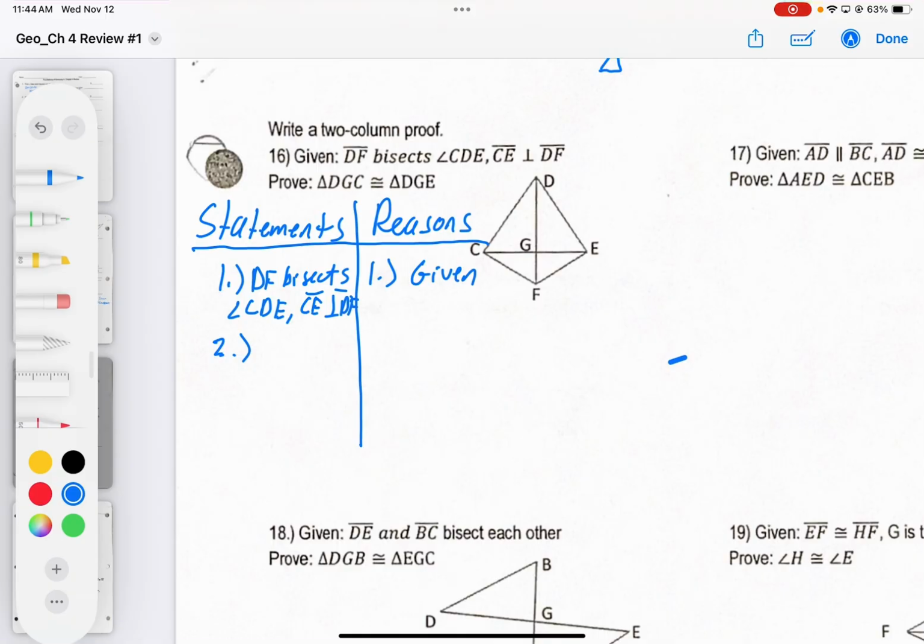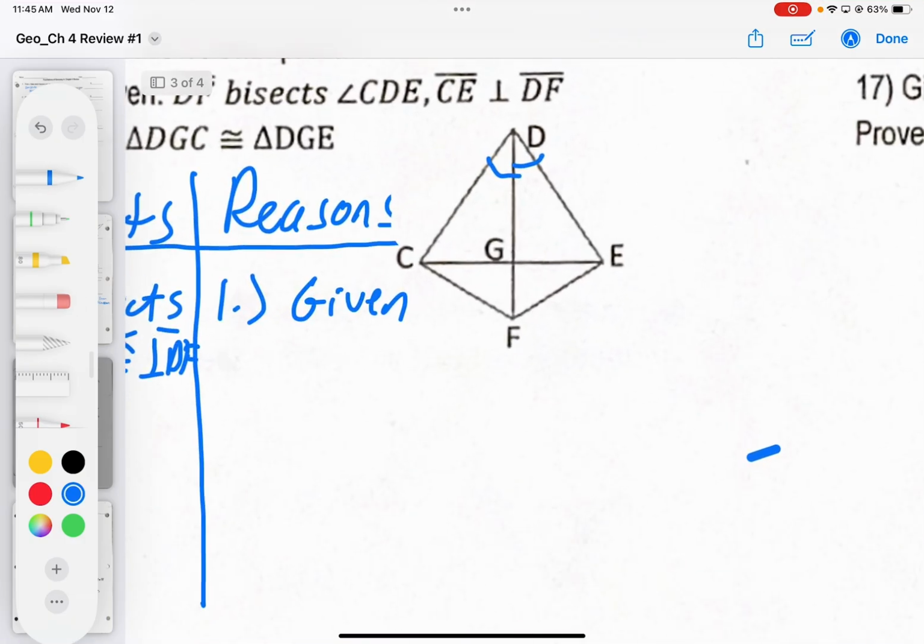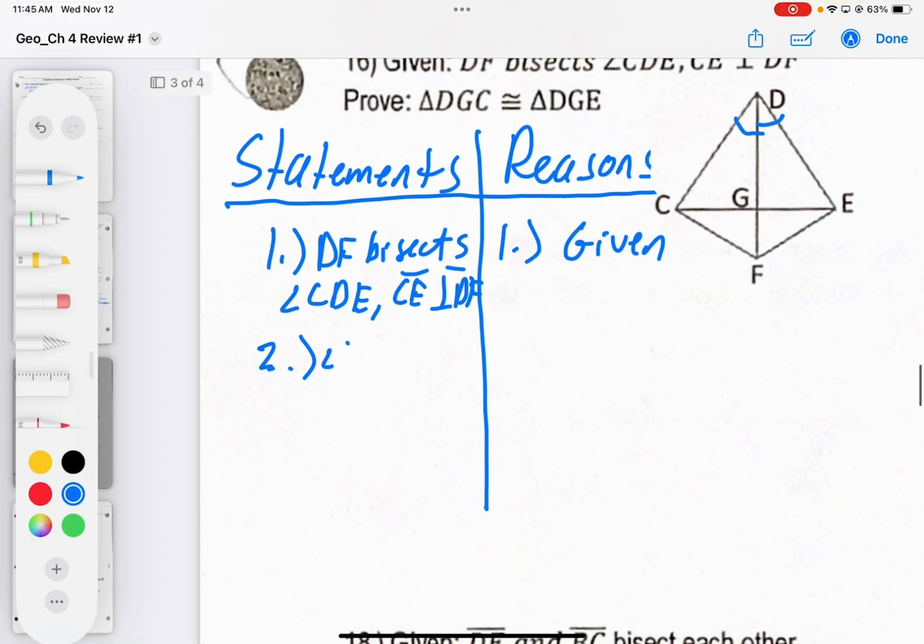From that, we get 2 congruent angles. Which 2 congruent angles? DF bisects CDE. So CDE is up here. You get angle CDG is congruent to angle EDG. Okay, so we list that.